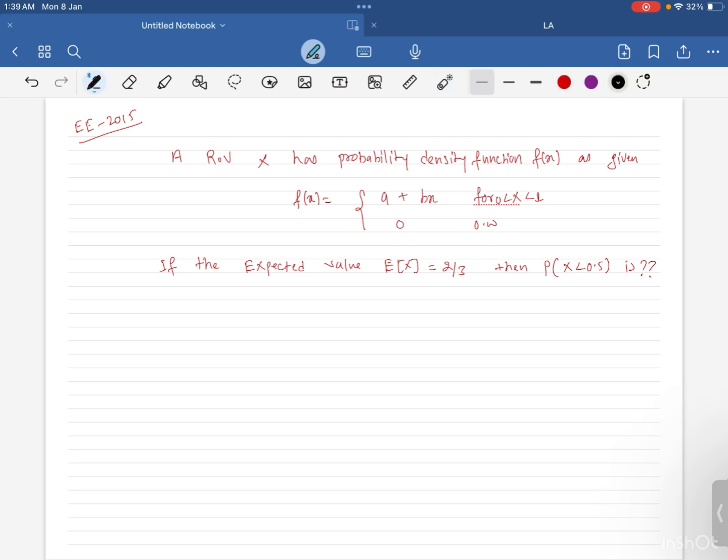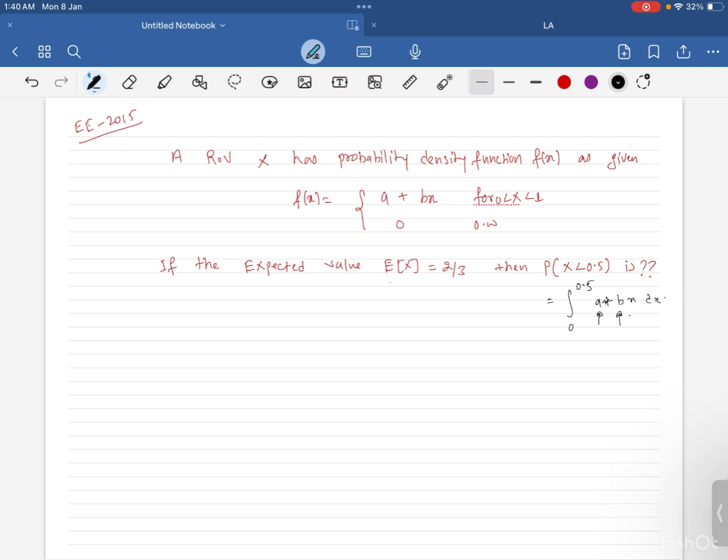To find this probability, we can integrate from 0 to 0.5, f(x) is a plus bx dx. But for that we need the values of a and b.